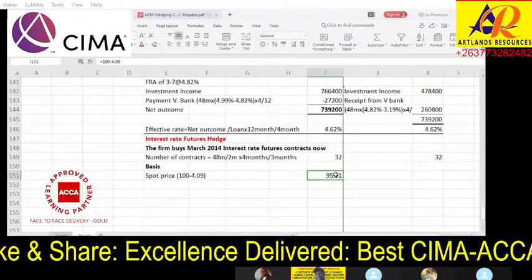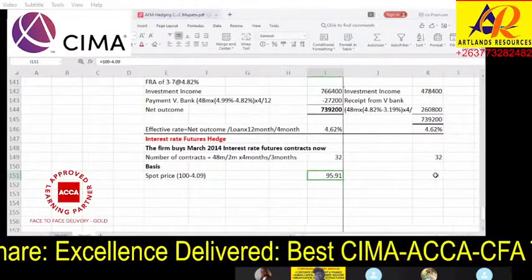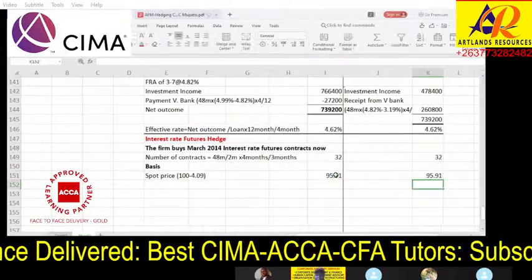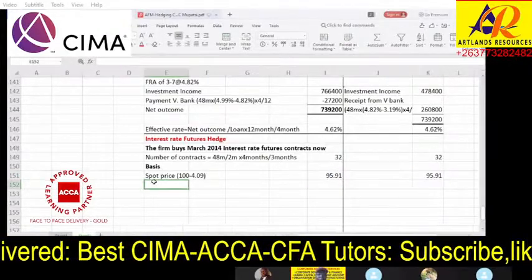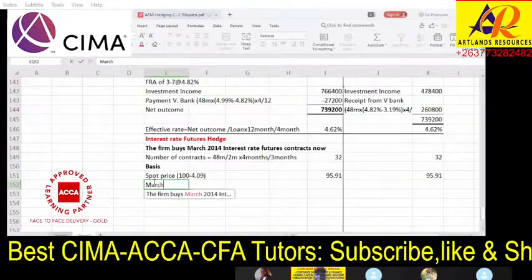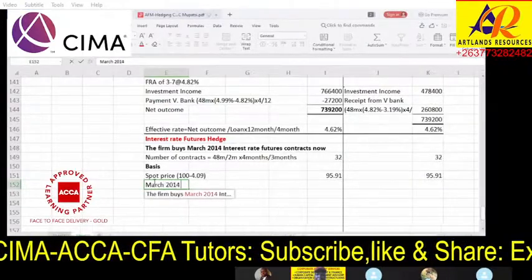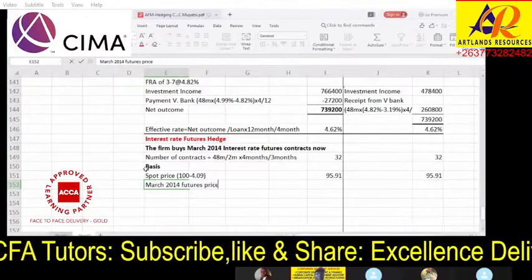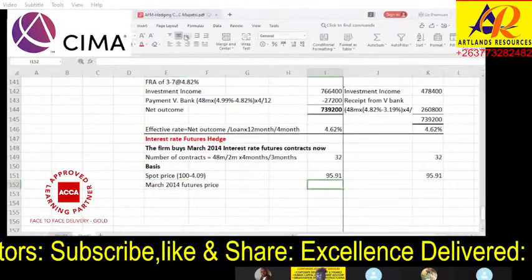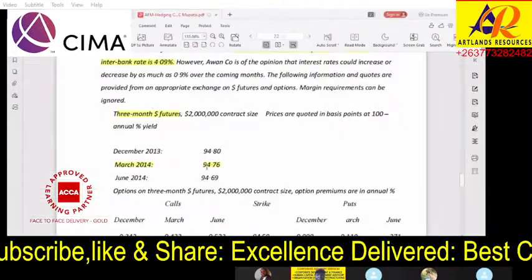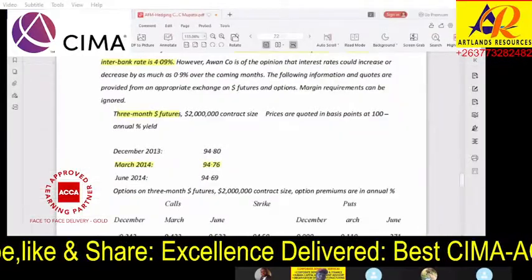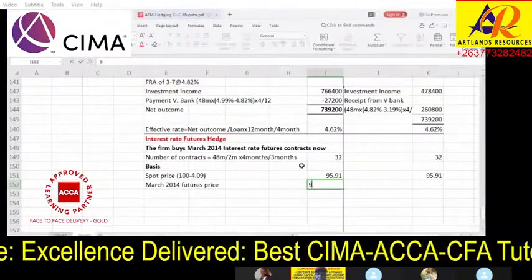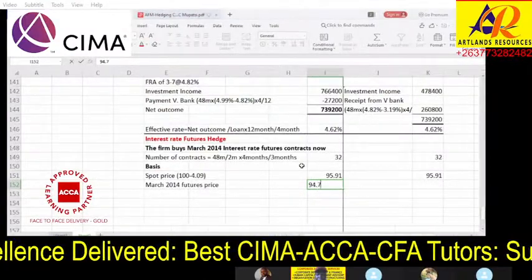So there you go. This is the spot price. This is the spot again, because the spot is the same on both sides. And then you say March 2014 futures price. By futures price here, we are referring to interest rates. So this is the March 2014 futures price, 94,76.